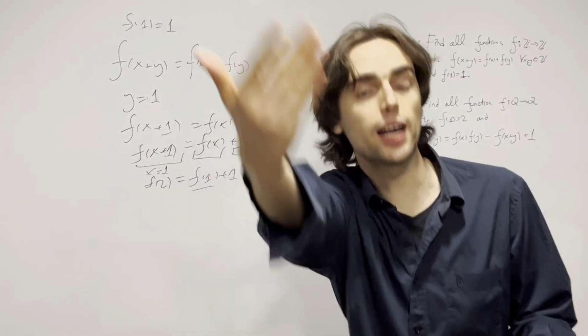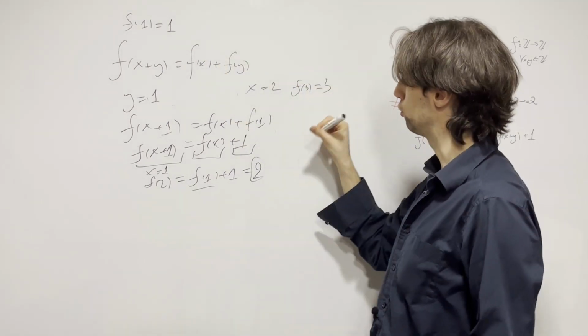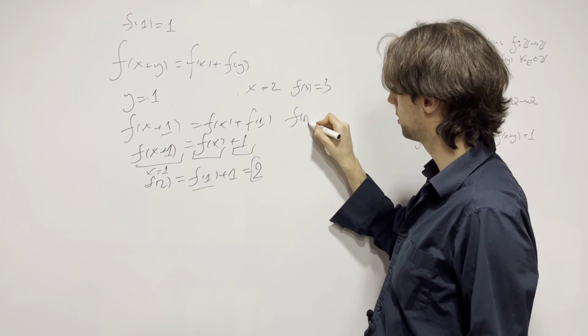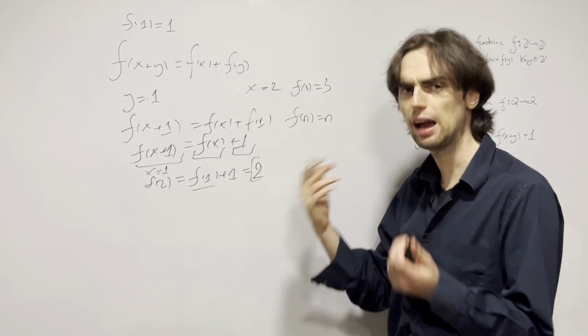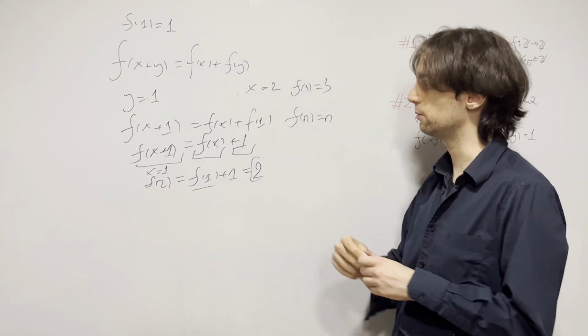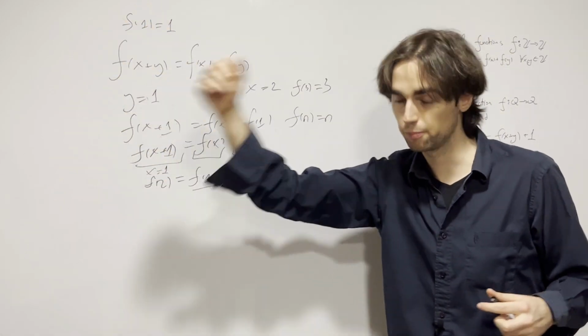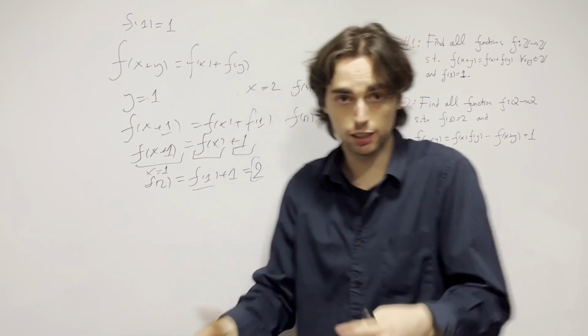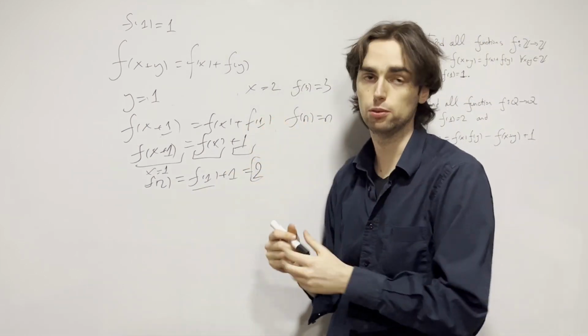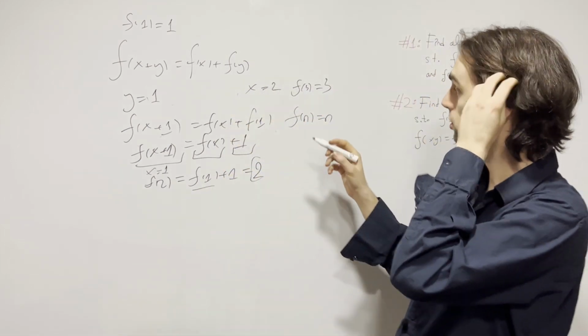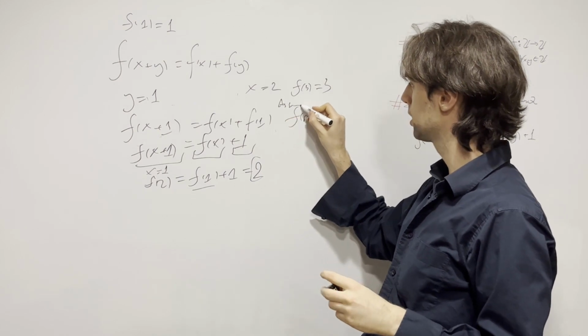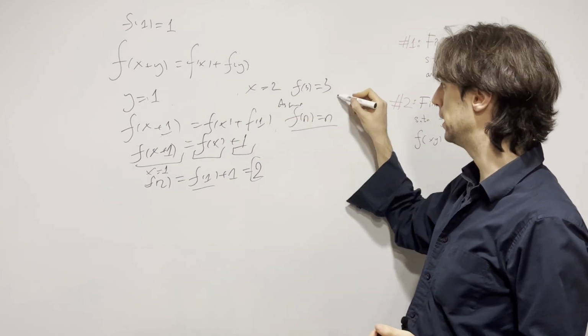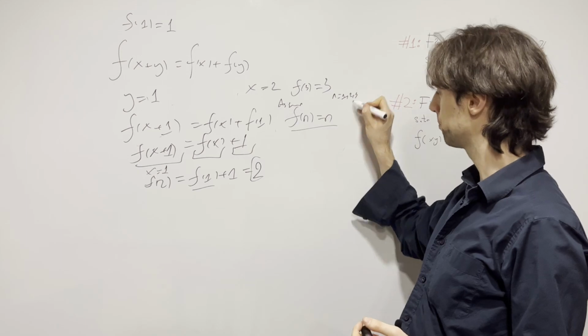And then via induction, we can show that f of n is equal to n for every positive integer n, if we're just plugging in like this positively. Now, we don't know anything about the negative integers just yet, the way we've done the proof so far. The way we would do this for the positive integers is, say, assume f of n is equal to n, where our base case is n is 1, 2, 3.